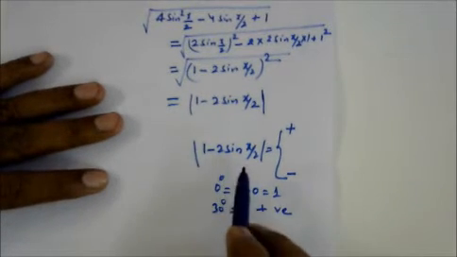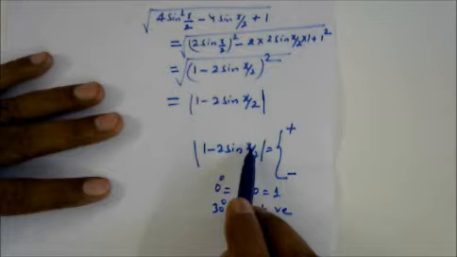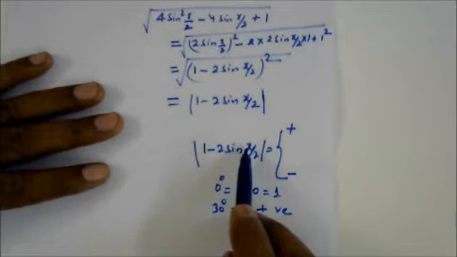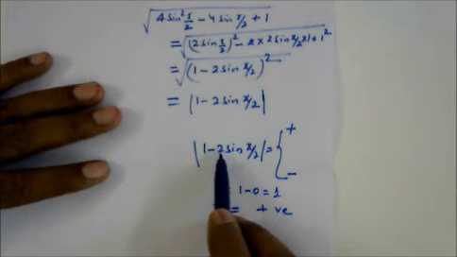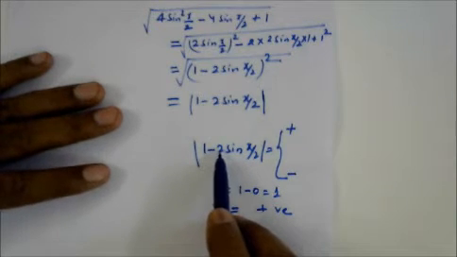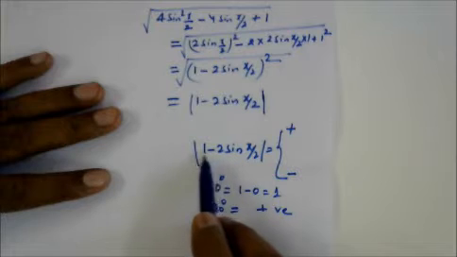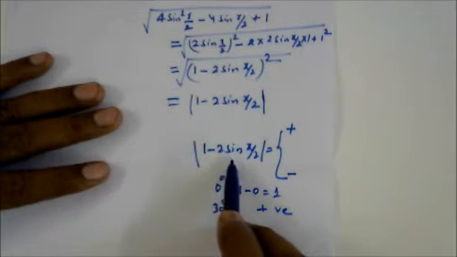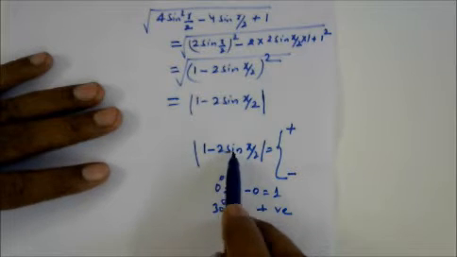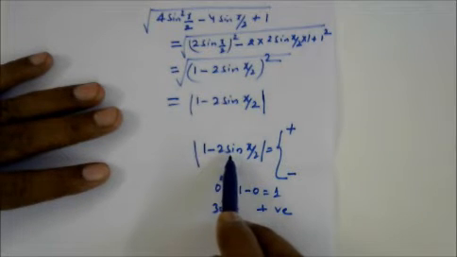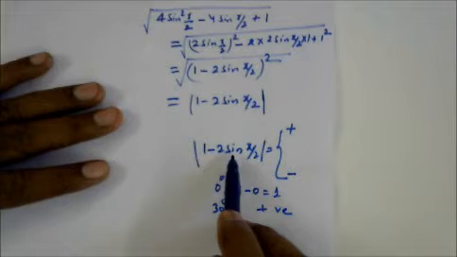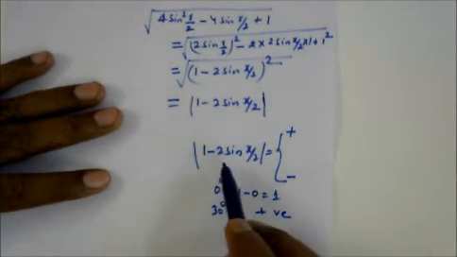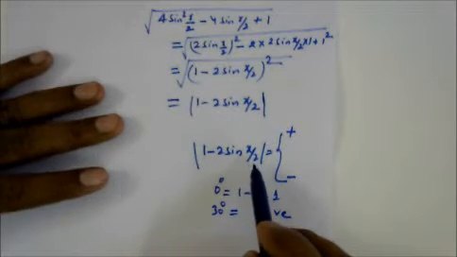Then if we go for 45 degree, 45 divided by 2 gives 22 and a half degree. That will also be lesser, it will not increase to more than 1. The value you can say is 1 by root 2, so we will get about 0.707.